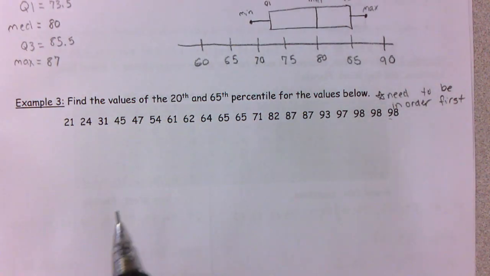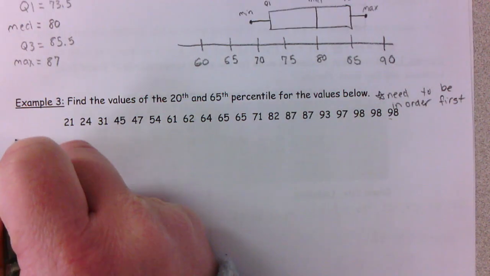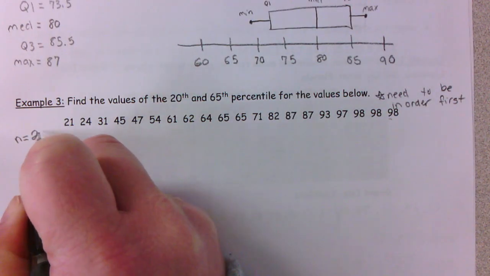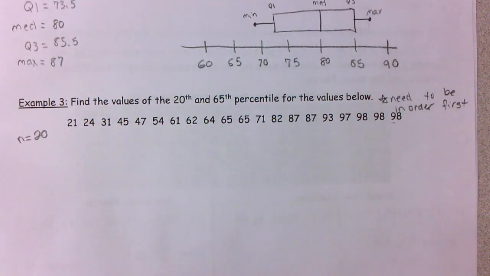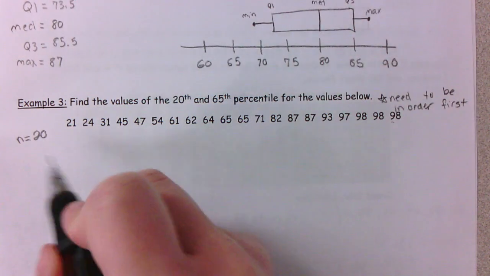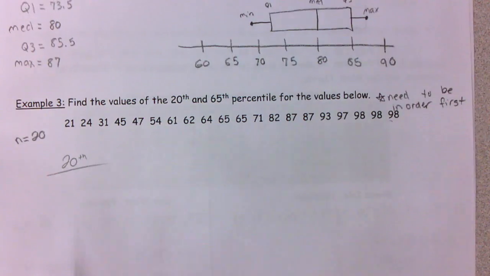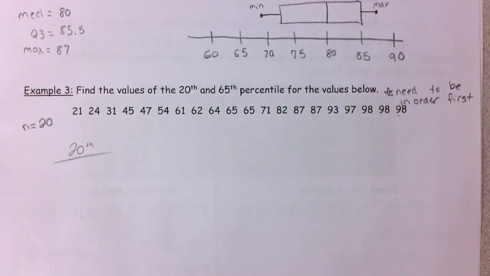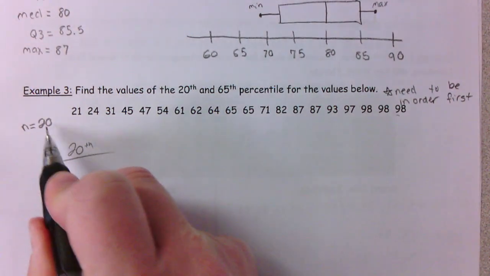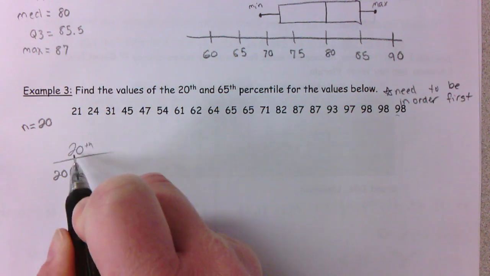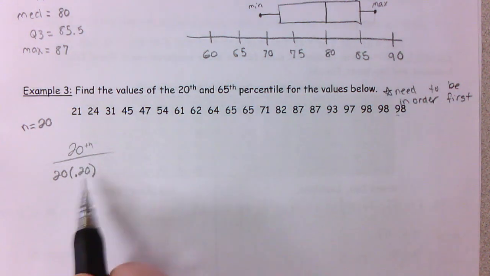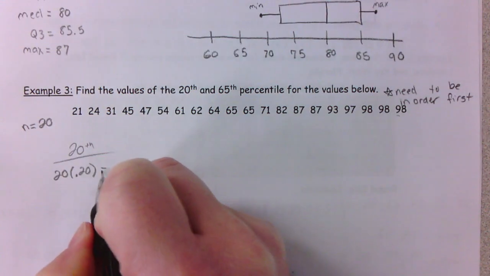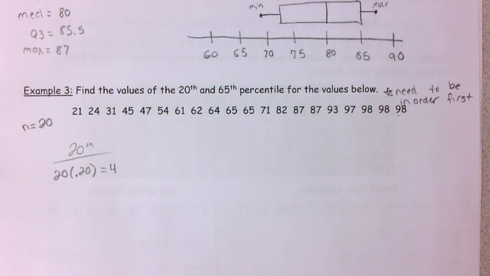Okay, so first we use n for the sample size, and that's going to be 20, so there's 20 numbers. And then if I want to find the 20th percentile, what we do is I take the n and multiply it by 0.20. Okay, so that'll give me 20% of the numbers. So 20% of the numbers is 4.